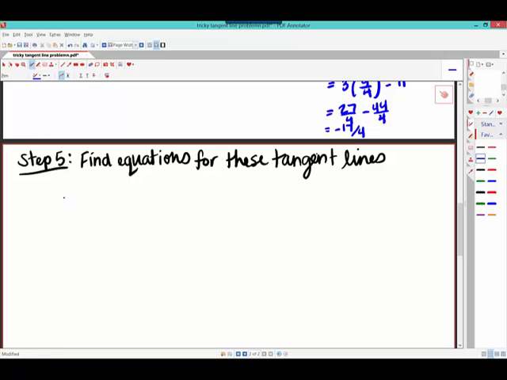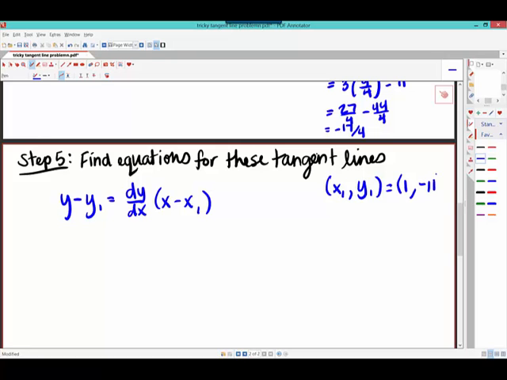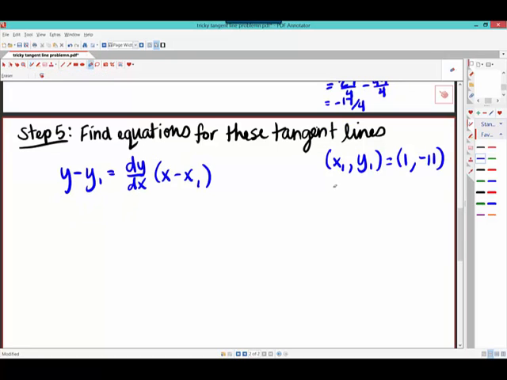Remember, your general formula is y minus y1 is our slope, which will be dy/dx, times x minus x1. So (x1, y1) is going to be our (1, -11). And we have our slopes, dy/dx is negative 11, or dy/dx is negative 17/4.